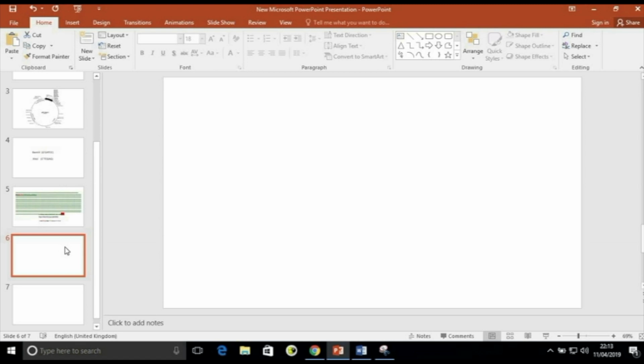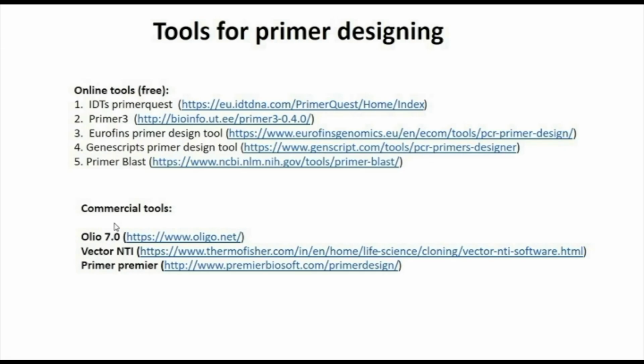We have done all these processes for designing forward and reverse primers, but instead of doing it manually, we can do it online. We just have to submit the sequence and it will return the forward and reverse primers.